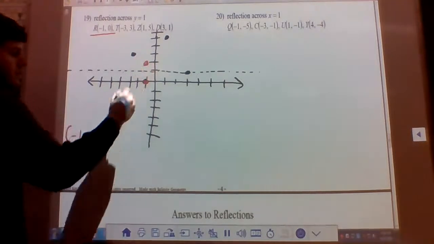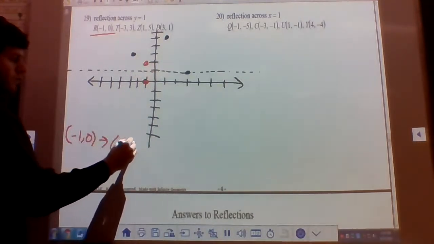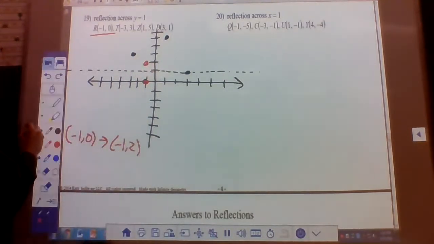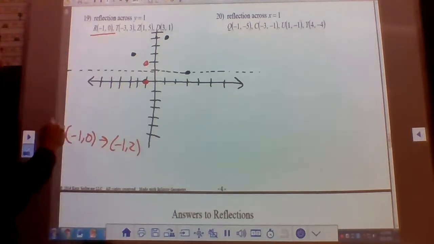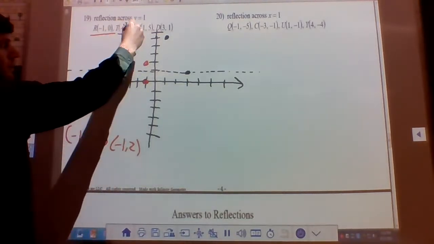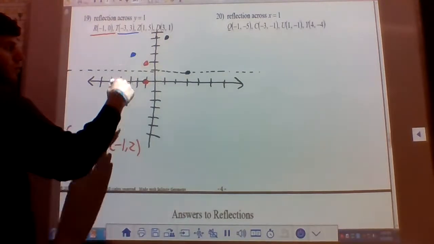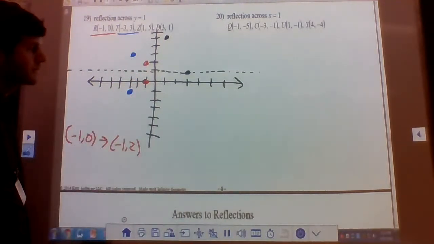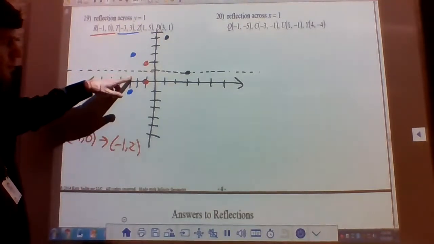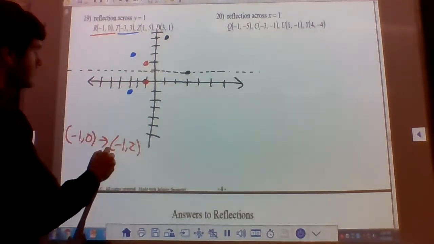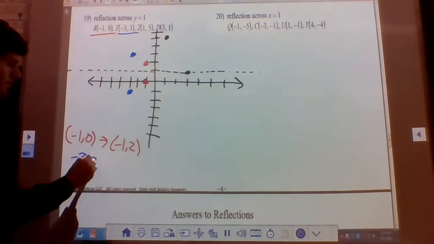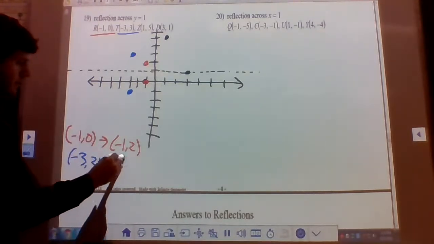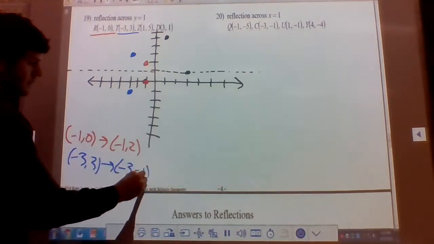So now it's at -1, 2. -3, 3 is 2 units above, so it needs to go 2 units below. That's going to put it at -3, -1.